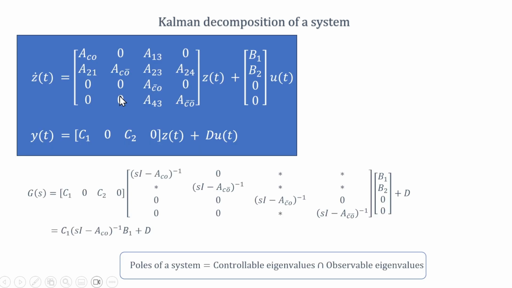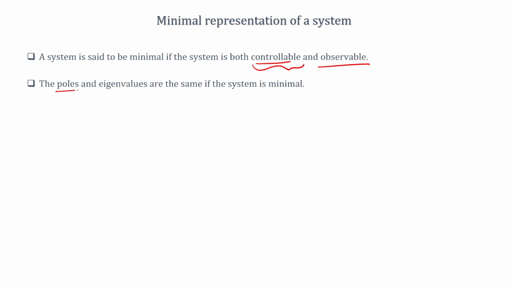Okay. And we can also see from this that if the system is controllable and observable to start off with, in that case what will happen? If a system is both controllable and observable, you can see that the poles and eigenvalues of the system are the same, because there are no uncontrollable eigenvalues and no unobservable eigenvalues; all the eigenvalues are both controllable and observable, which means poles and eigenvalues will be equal in that case.